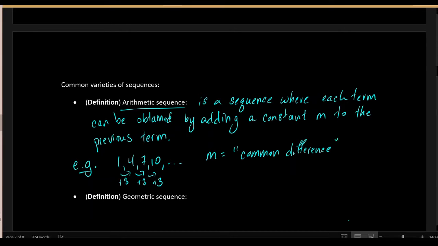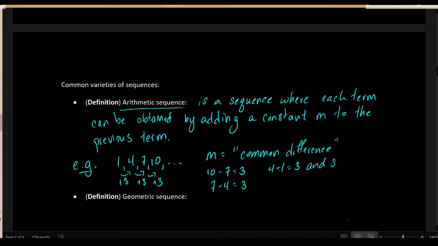The reason being that if we take the difference of any two successive terms in the sequence, the result will be this number m. 10 minus 7 is 3, 7 minus 4 is 3, 4 minus 1 is 3, and so on.